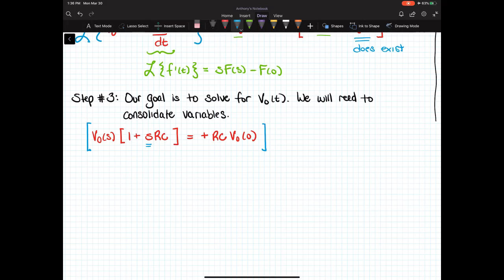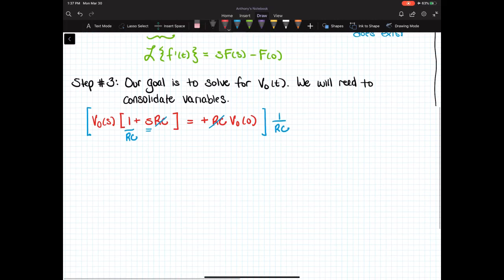So since that is usually going to be the case, we'll multiply both sides by 1 over RC, which will get rid of this, and it'll make this 1 over RC. So what we end up with is VO of S times S plus 1 over RC equals V out of 0.